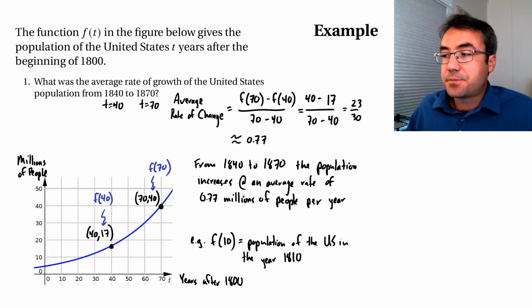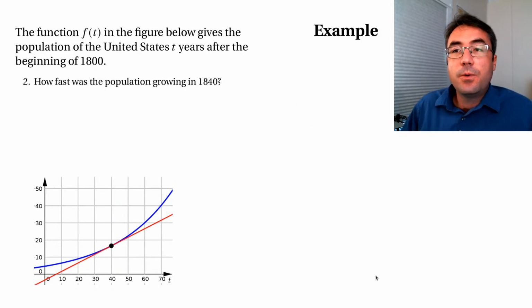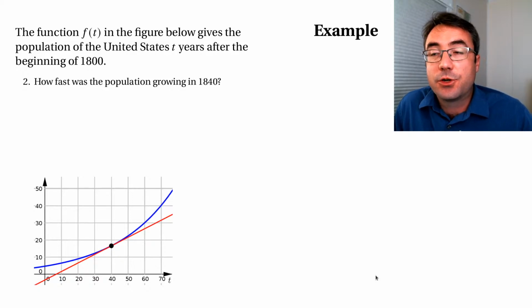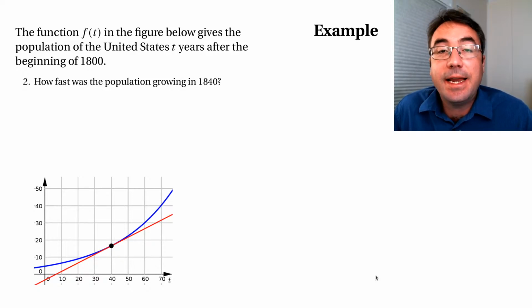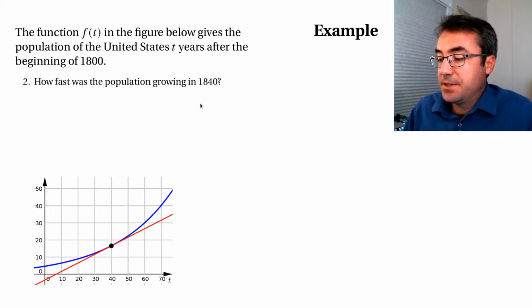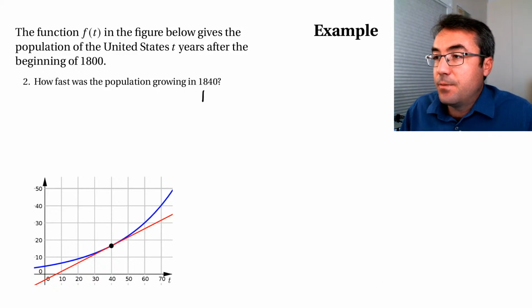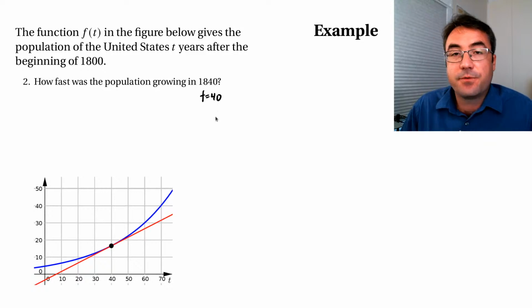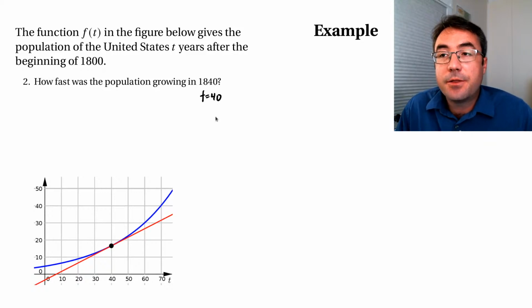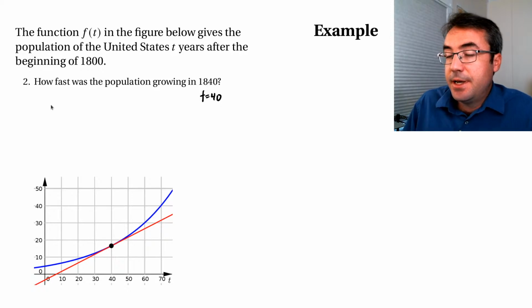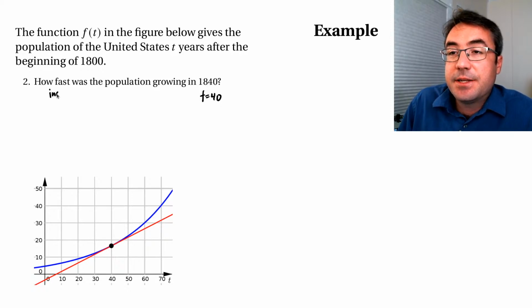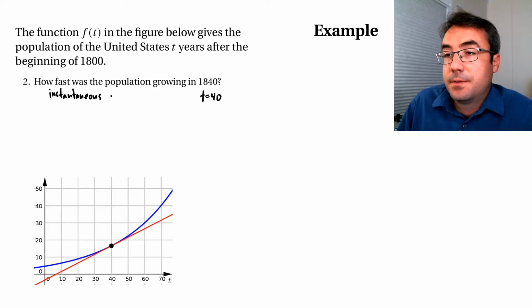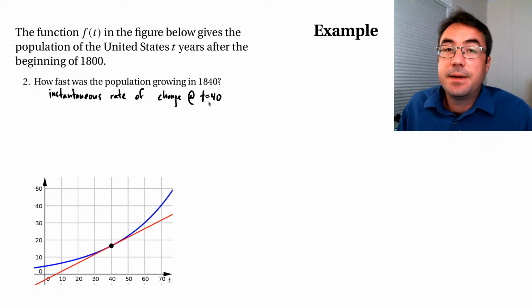All right. So if we wanted to know how fast the population was growing directly in the year 1840, and again, this is going to mean t equals 40 for the purposes of our graph, another way to phrase that question is, well, what is the instantaneous rate of change for this function at time t equals 40?